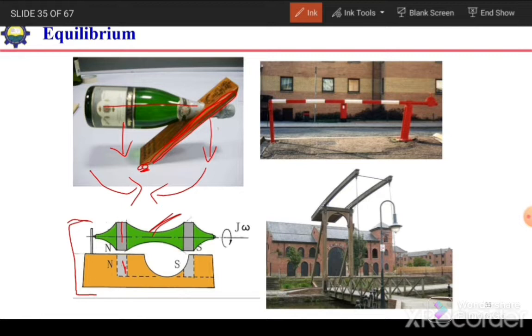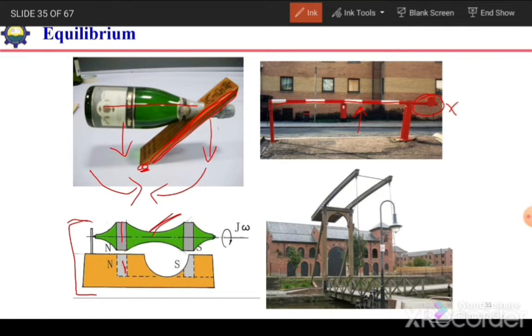So we can use the concept of equilibrium for the design of structures. For example, for this walk-through gate barrier, if we do not place a counterbalance at the back end and try to open this, it will be very difficult to open this barrier.